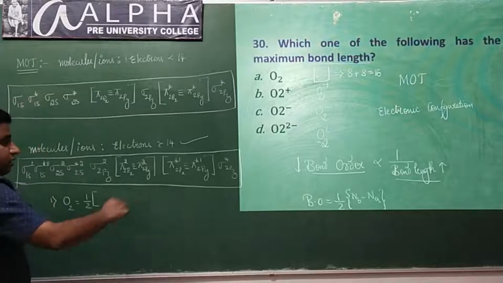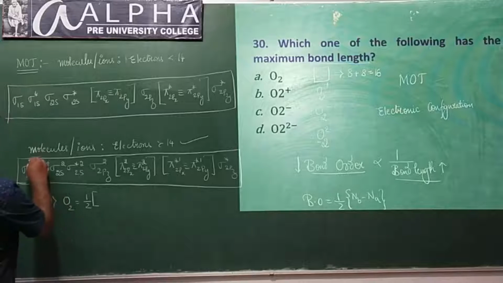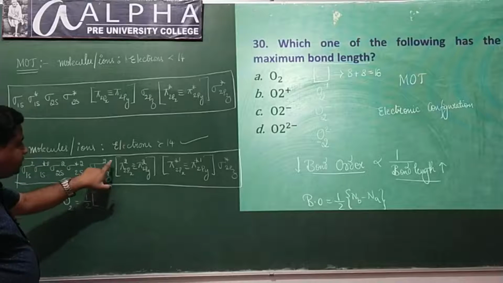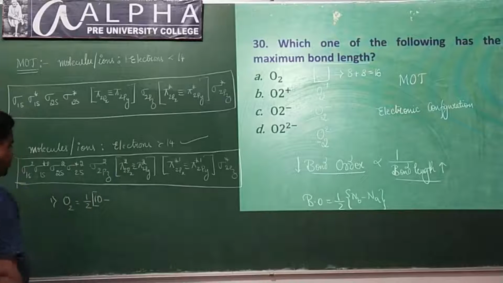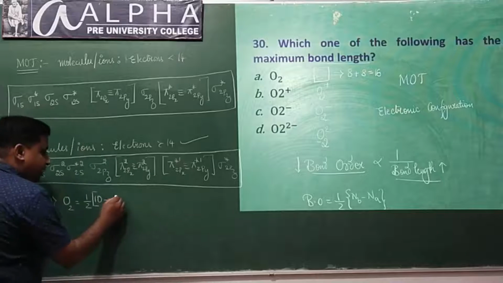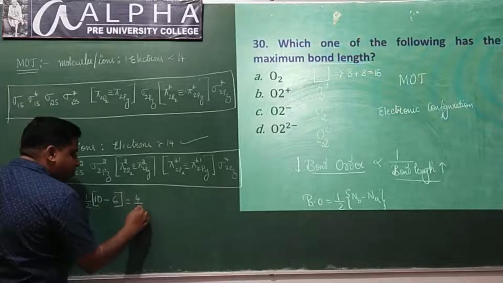Number of bonding electrons: 2, 4, 6, 8, 10. Number of anti-bonding electrons: 2, 4, 6. So 10 minus 6 is 4, and 4 by 2 is 2.